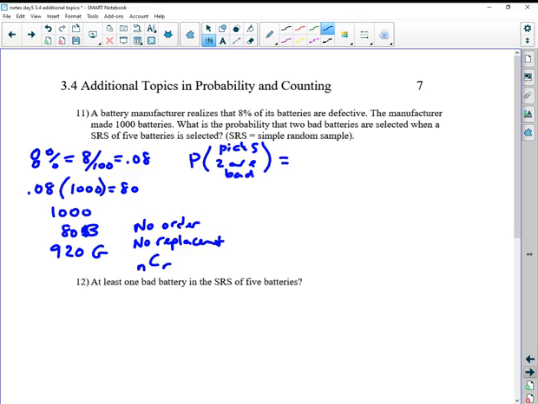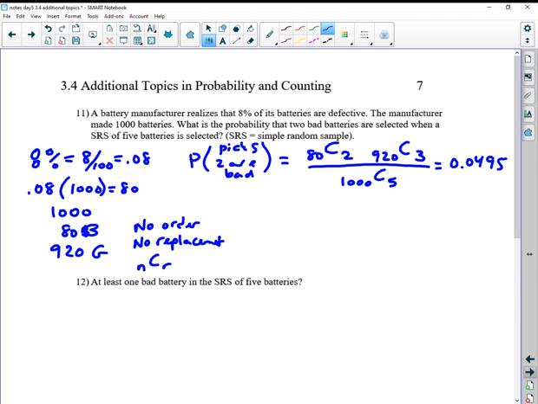Then I have to pick 2 bad ones. So it's 80 that I can pick from, I need 2 of them, but I need to pick 5. So out of the good ones, I need to pick 3 of them, and the total out there was 1,000, and you are picking 5 in all. So that's going to be our answer.